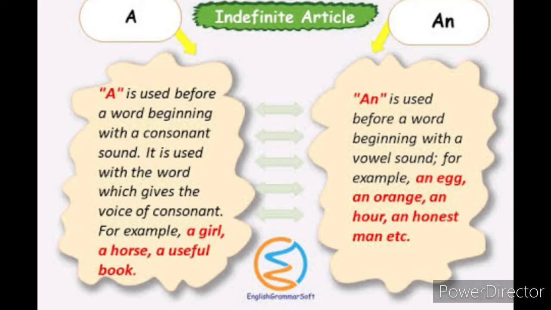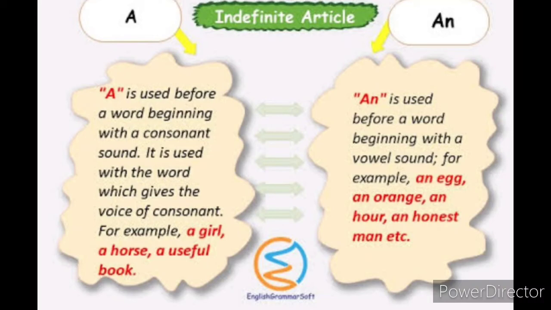So when a word starts with a consonant or consonant sound, we have to use the indefinite article a. And also the indefinite article a represents general things or general objects.